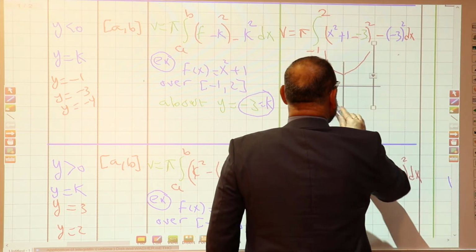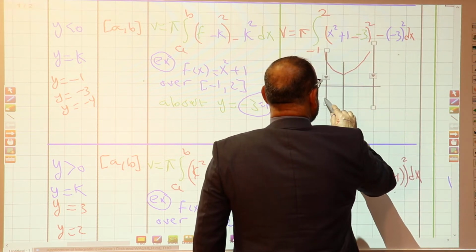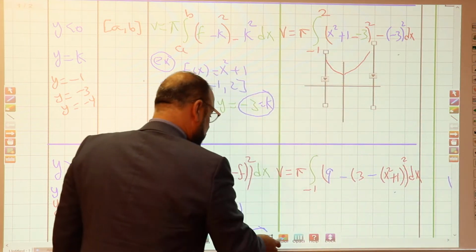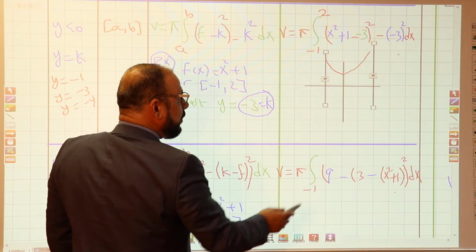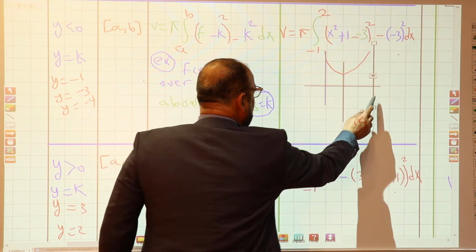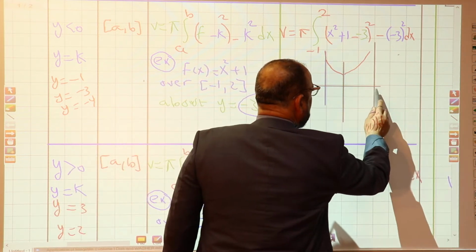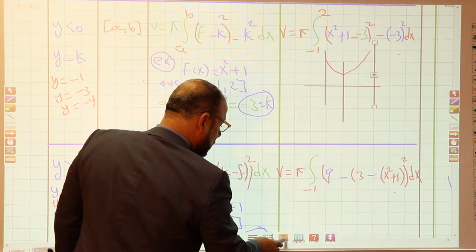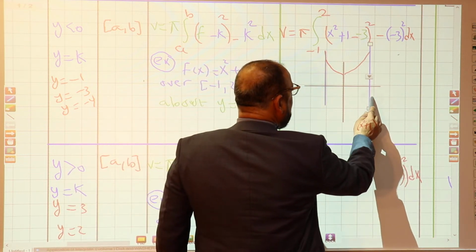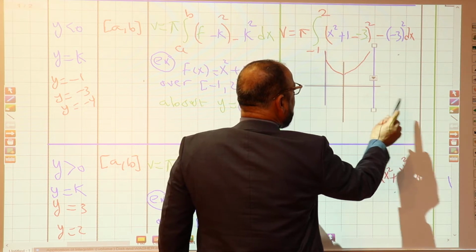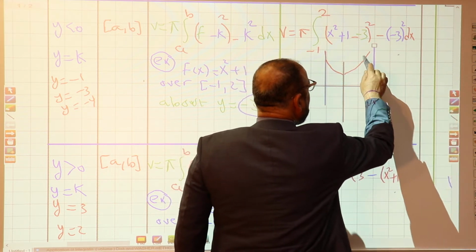This blue part is where I'll rotate, and this is my function.